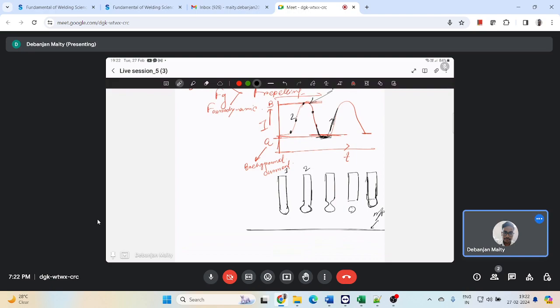And finally, this is the final content of this lecture. You can have additional filler wire, right? This additional filler wire takes place. You can use plasma arc, gas tungsten arc, or oxyfuel gas.